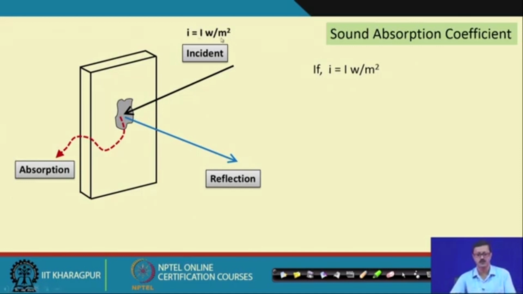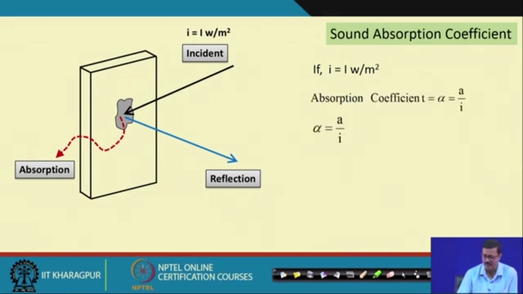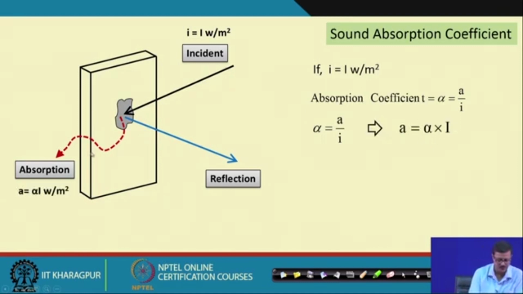This is just from the last slide. If the initial incident intensity is I watt per meter square, and after reflection let us call the absorption coefficient alpha, then alpha equals A by I. So, A is equal to alpha times I; that much is absorbed.